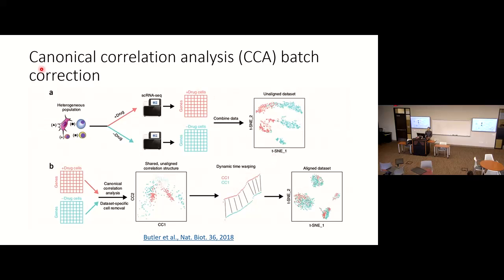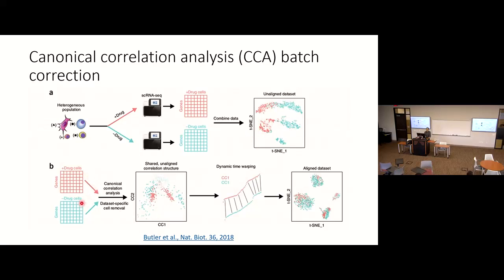Okay, so CCA stands for canonical correlation analysis. It's used for batch effects correction. So you have one sample and then sequence them into different batches, so before and after treatment. And they found them unaligned. So you want to redo this.